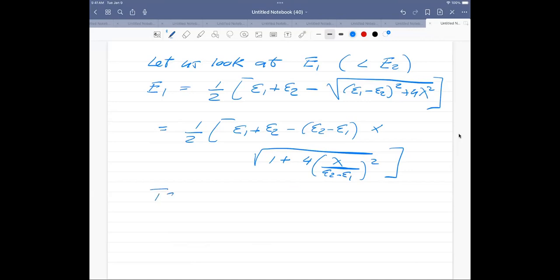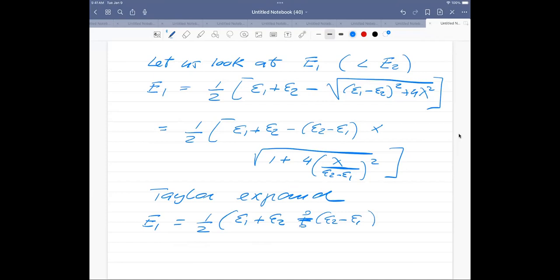And then I can Taylor expand around this lambda divided by epsilon2 minus epsilon1. So if we Taylor expand, what we are going to get then is an epsilon1, which is going to be equal to 1/2 of epsilon1 plus epsilon2 plus, no, sorry, minus epsilon2 minus epsilon1.